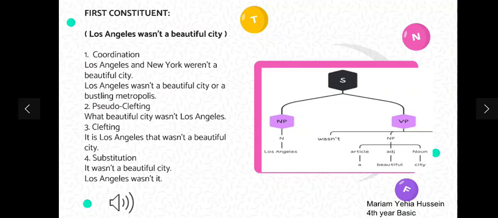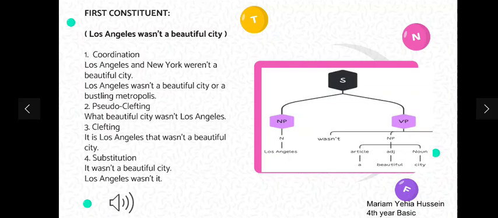Let's remember the deep structure we did after transforming the sentence, which is Los Angeles wasn't a beautiful city when we observed from a distance. So the first constituent will be Los Angeles wasn't a beautiful city. Let's apply the tests on this constituent. First, coordination.